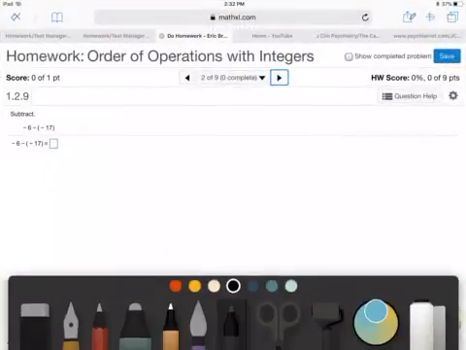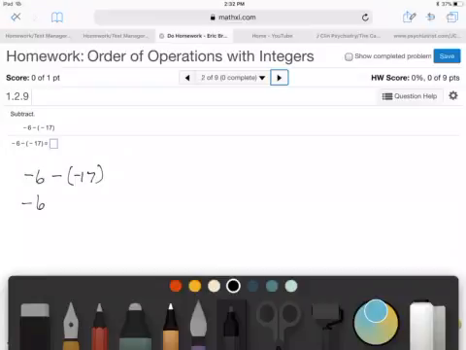Let's go to another one. We have a negative 6, and then minus 17. The first thing we want to treat is multiplication, just like we did last time. So basically we have plus a negative 1 times a negative 17. What did I just do there?